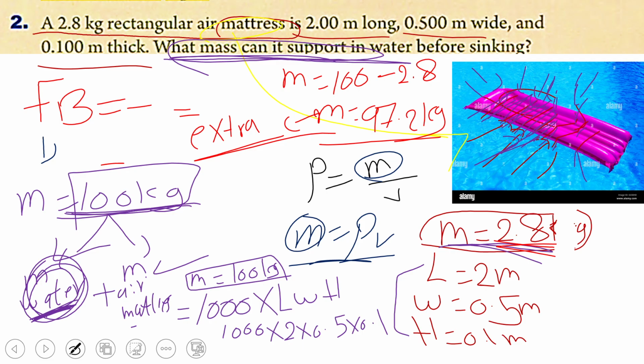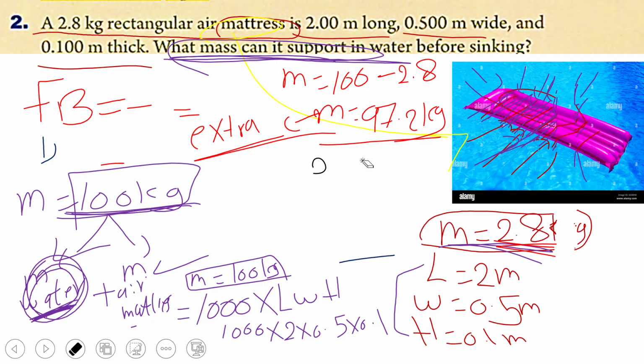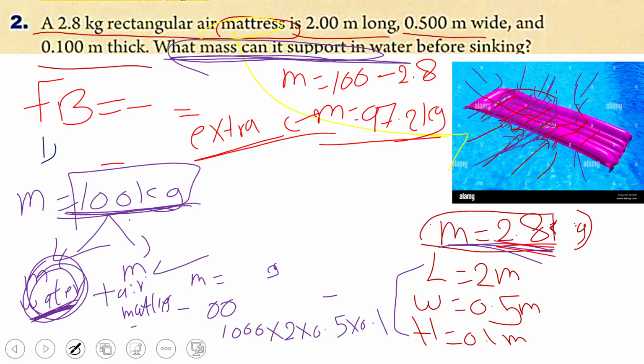Look, you can't understand it like that. Compare both masses together. First, it was 2.8 kilogram without putting the air mattress under the water. After the air mattress goes under the water, the mass is 97.2.